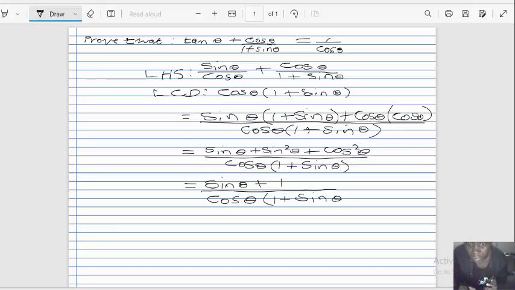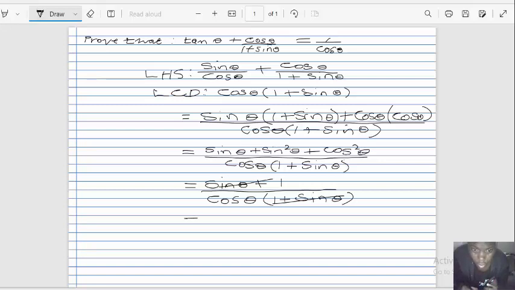I hope you can see what I can see. At the moment I can see that 1 plus sin theta is the same as sin theta plus 1. So I can actually say, how many times does 1 plus sin theta go into this? Once, right? How many times does it go there? Once as well.